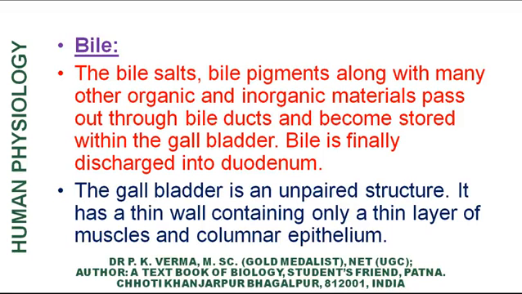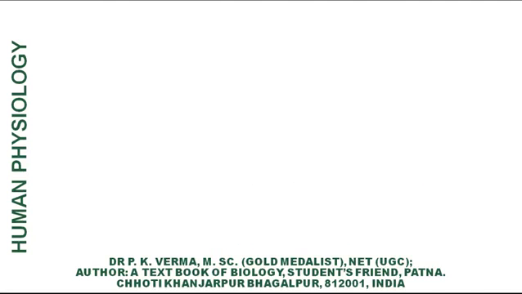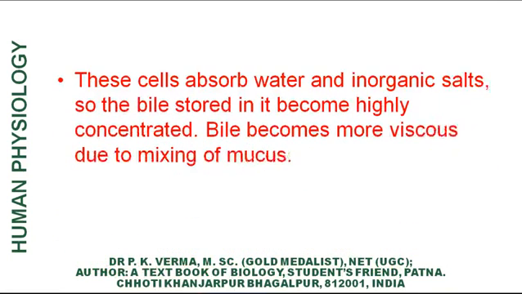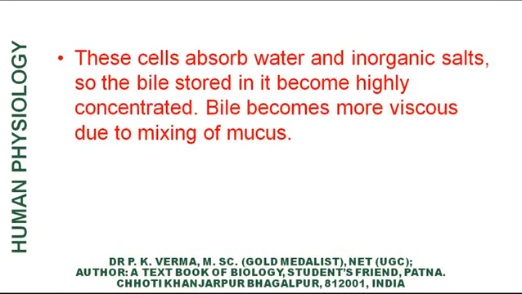The gallbladder is an unpaired structure. It has a thin wall containing only a thin layer of muscles and columnar epithelium. The epithelial cells absorb water and inorganic salts, so the bile stored in the gallbladder becomes highly concentrated.